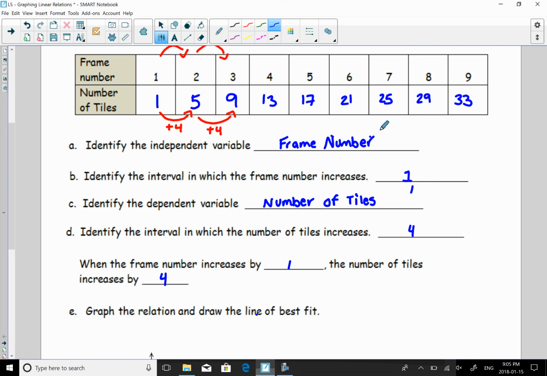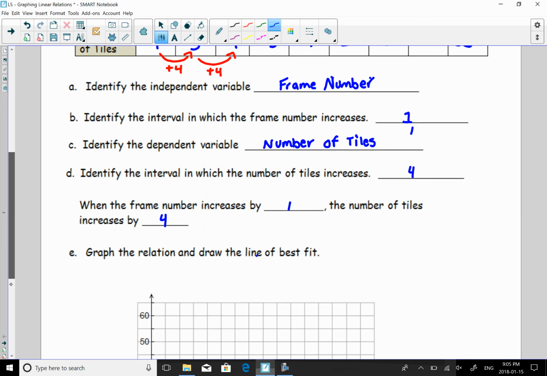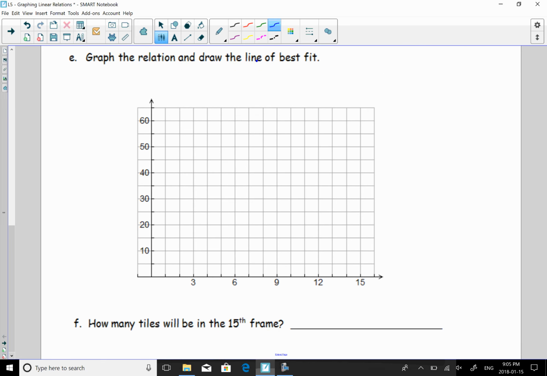So now we're going to graph this relationship. So we're going to take these values and plot it on the line. So again, our frame number was our independent, and the number of tiles was our dependent.